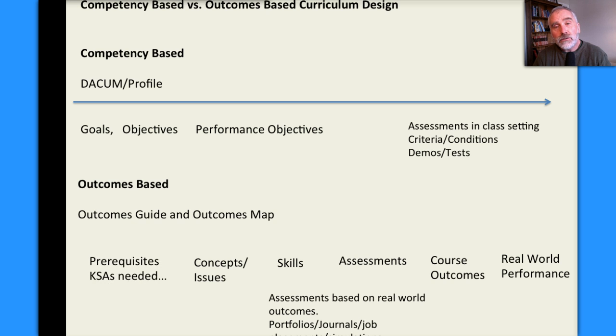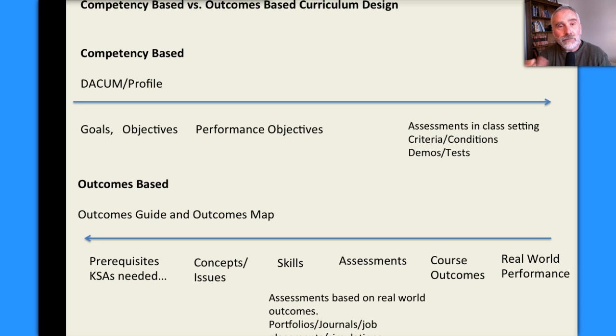Lastly, in the outcomes-based approach, we're looking at making sure we have the right students in the course. So prerequisites are required, whereas the competency-based approach, we're usually taking novice people right from the beginning. They don't know anything. We're bringing them in and developing those competencies. So you can see that the outcomes-based approach goes from right to left.